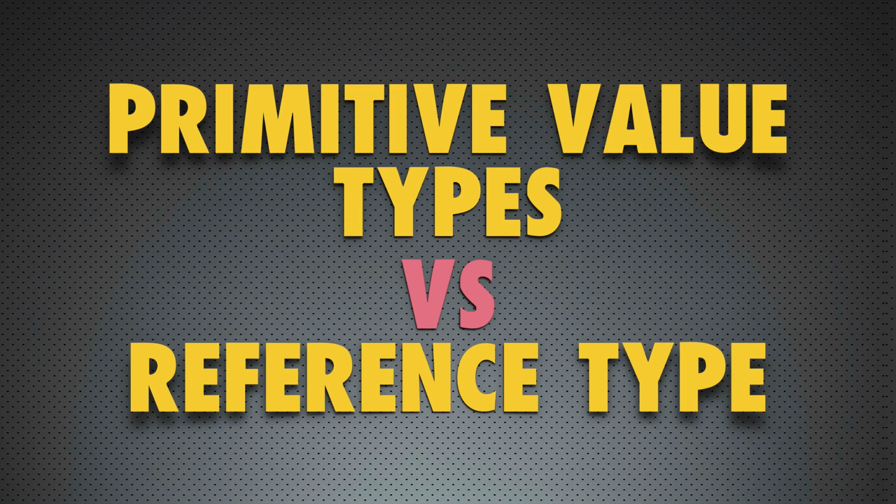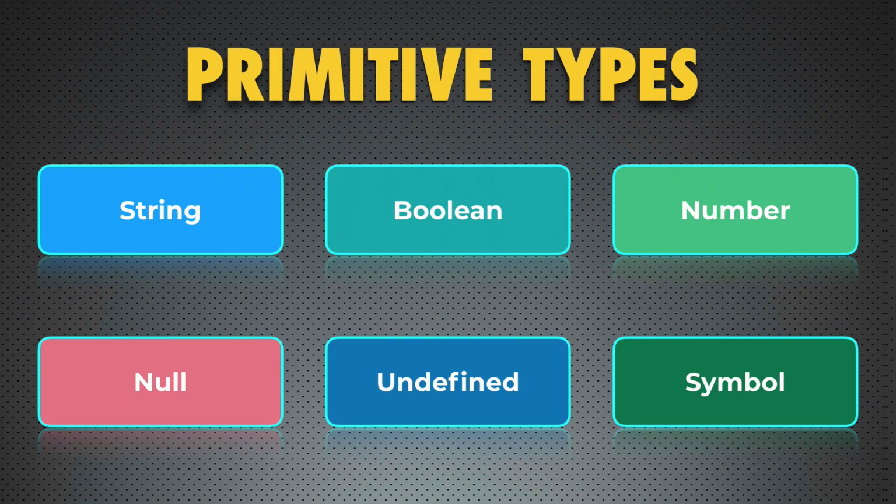The first group is primitive variable types. And there are 6 of them: string, Boolean, number, null, undefined, and symbol. Let me quickly give you an example of each variable type. String, simply hello world. Boolean, just true or false.